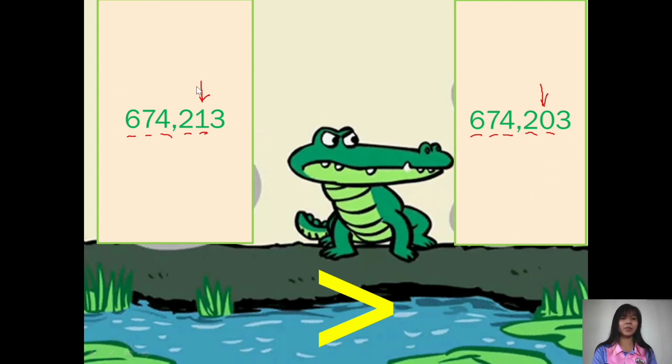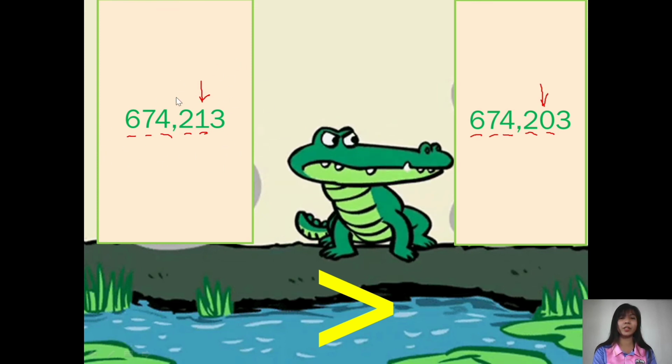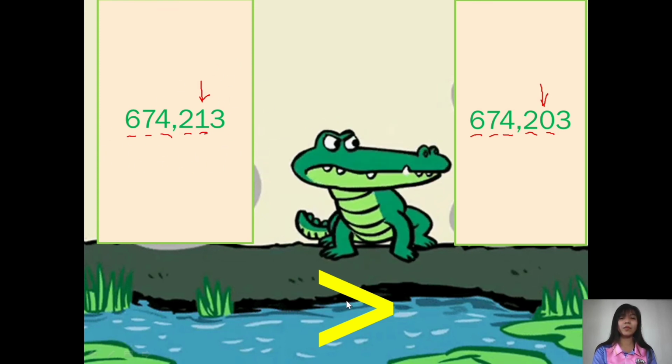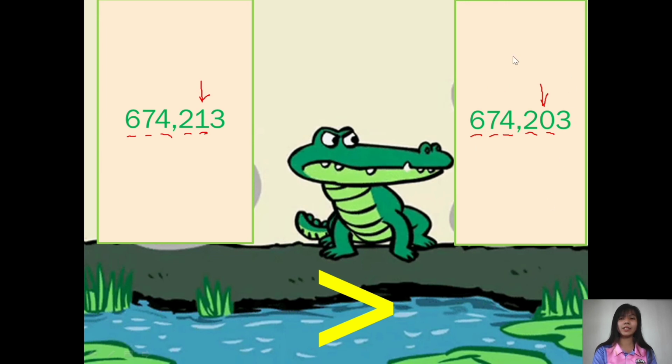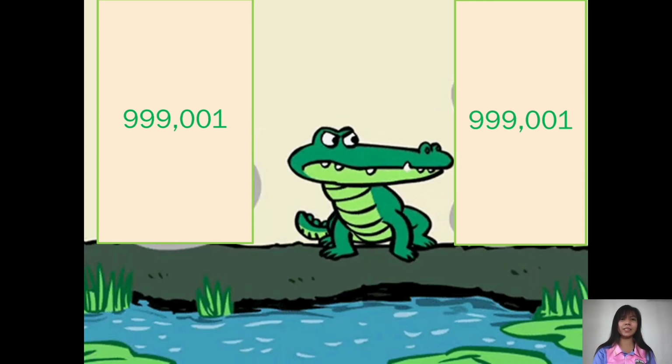Now let's read: 674,213 is greater than 674,203.